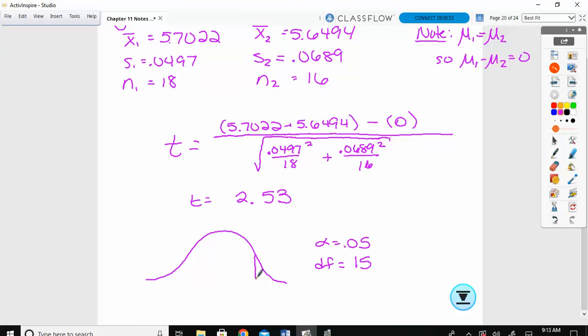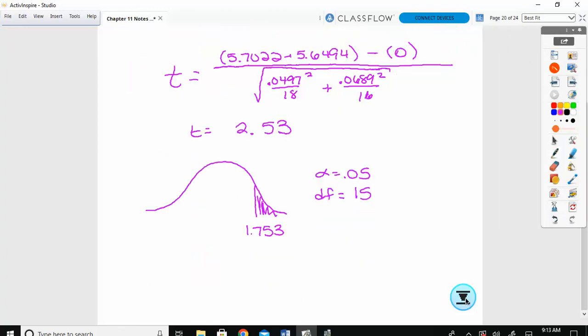We were testing greater than, which is what this table gives us. So if we go to 0.05, 15 degrees of freedom, the t statistic is 1.754. So we know that if you're in the shaded region, you reject.